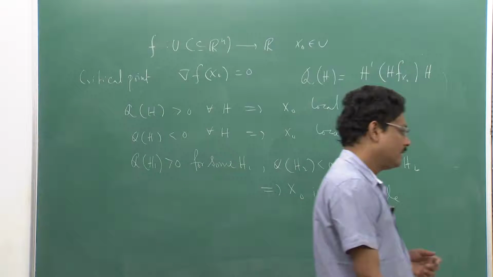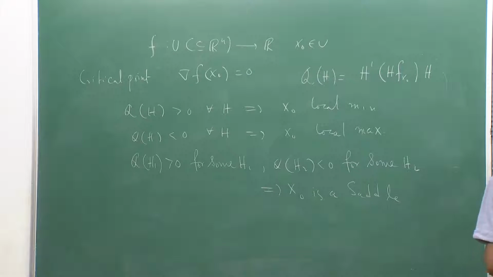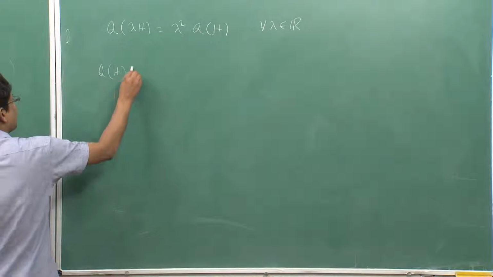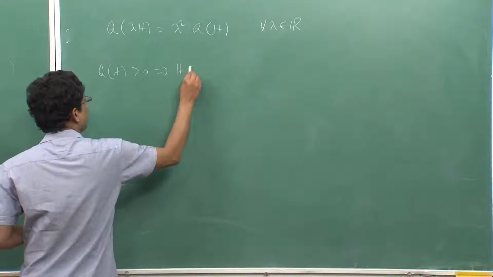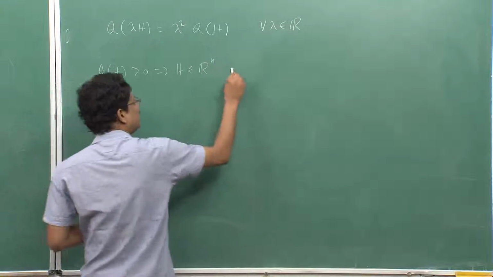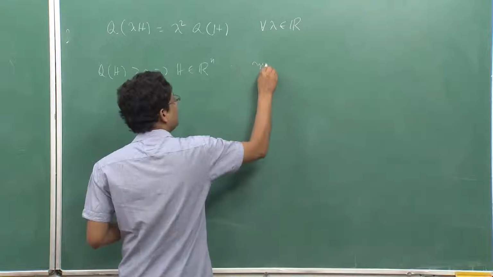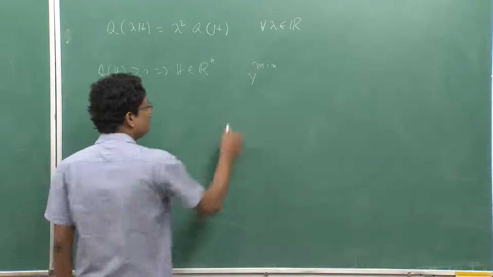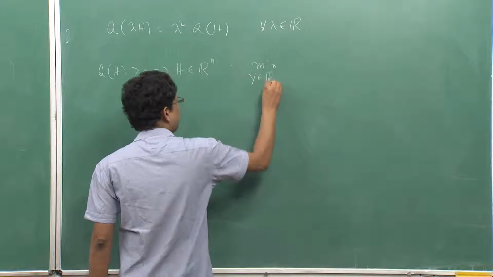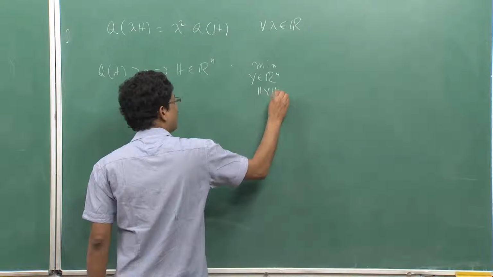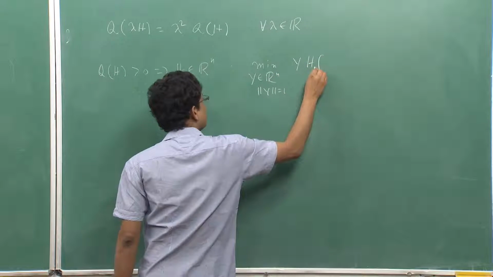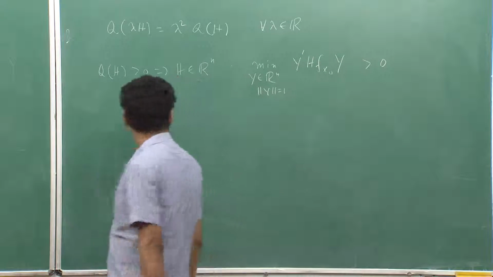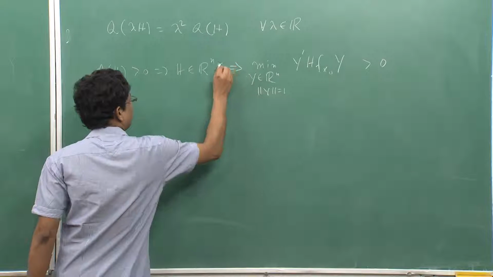So, what we can do here is write again Q(h) is greater than 0 for all h in R^n. This is the same as saying the minimum over y in R^n, norm y equal to 1, of y prime Hessian f at x naught y is greater than 0, this is if and only if.